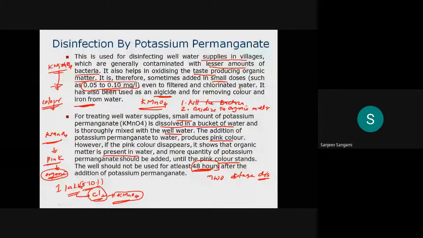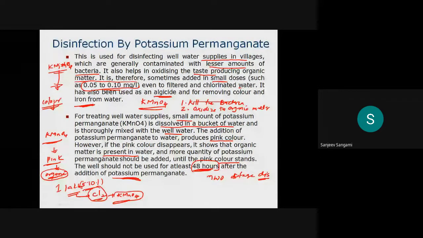Once you add KMnO4 to any open well, you are not supposed to use it before 48 hours, because a high concentration of KMnO4 is toxic. If it remains in water and you consume it, it will become toxic to human beings and the stomach.